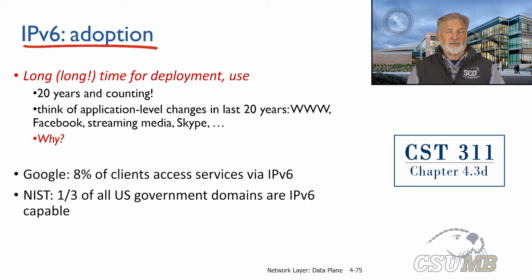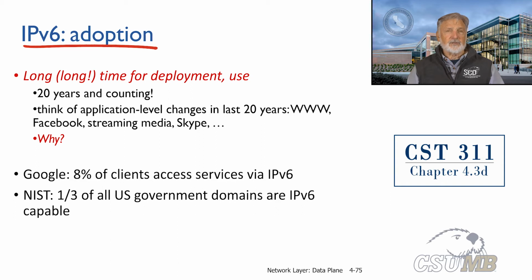IPv6 adoption has been slow. The IPv6 RFC was published in 1998. The main reason for the snail's pace is monetary. It takes a long time and is expensive to change out the infrastructure, all the routers, operating systems, and other auxiliary equipment. So 20 years on, where are we?